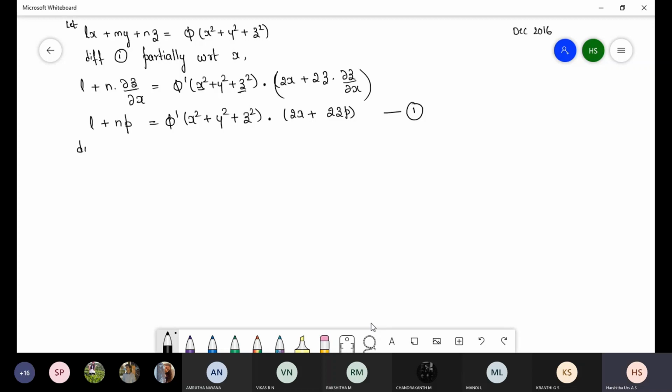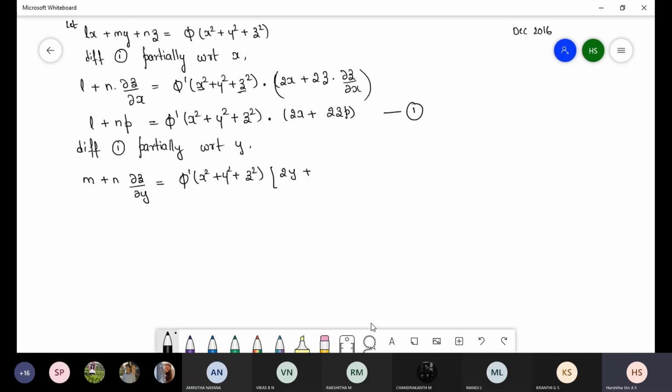Next, differentiate equation 1 partially with respect to y. So y means m into y, m plus n into z with respect to y partially, dou z by dou y, is equal to phi dash of x square plus y square plus z square. Differentiation of y square is 2y.